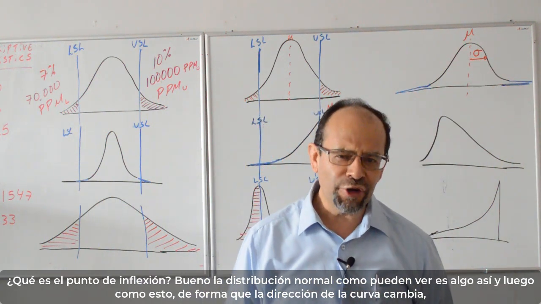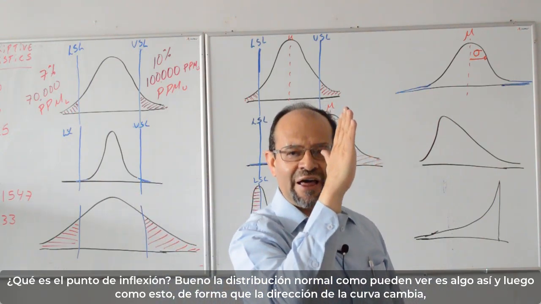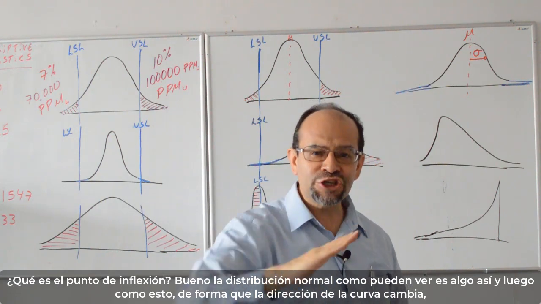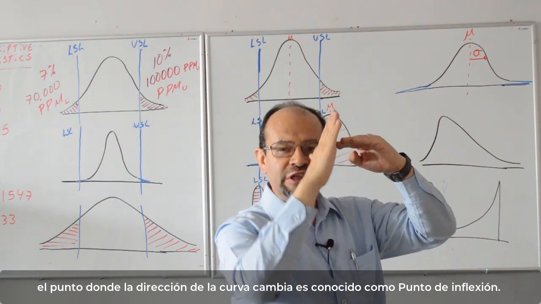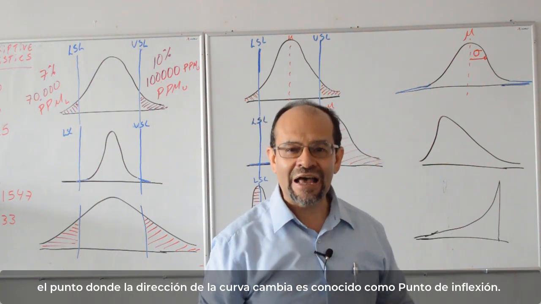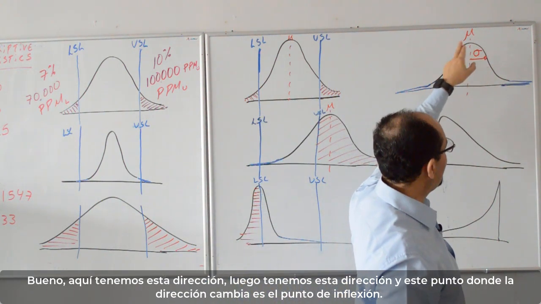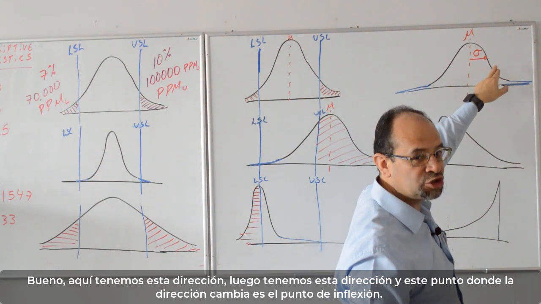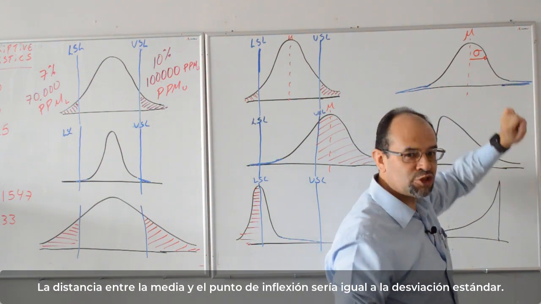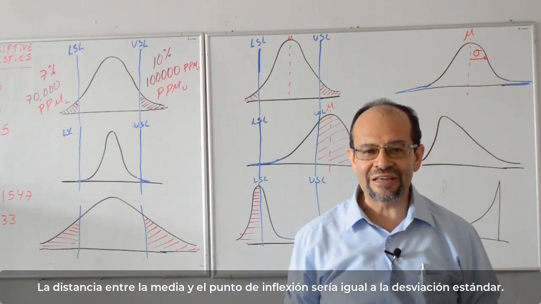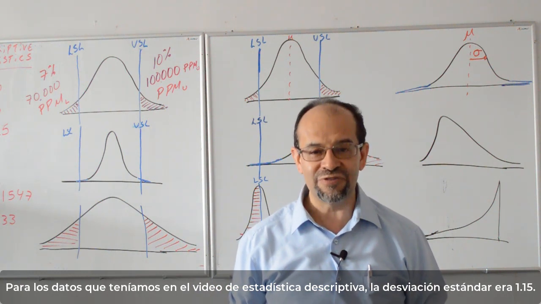What is the inflection point? The normal distribution is something like this and then like that, so the direction of the curve changes. The point where the direction of the curve changes is known as the inflection point. Here we have this direction, and then we have this direction. The distance between the mean and the inflection point is equal to the standard deviation. For the data that we had, the standard deviation was 1.15.